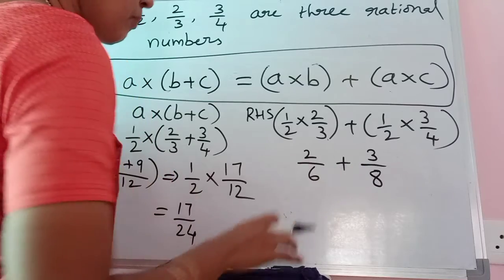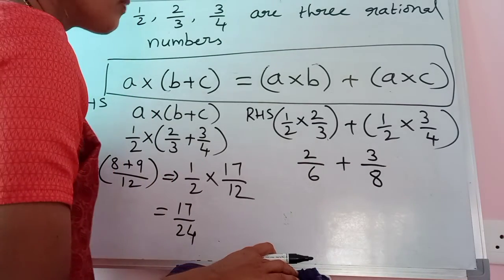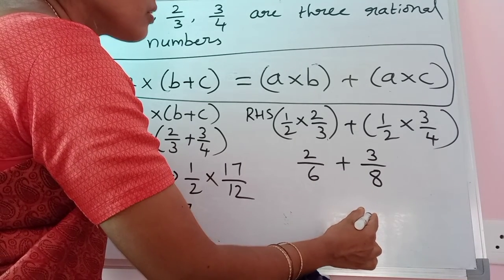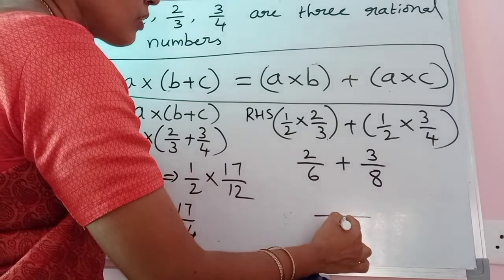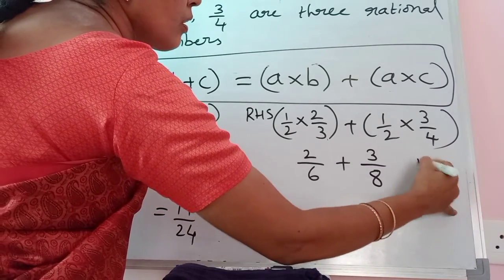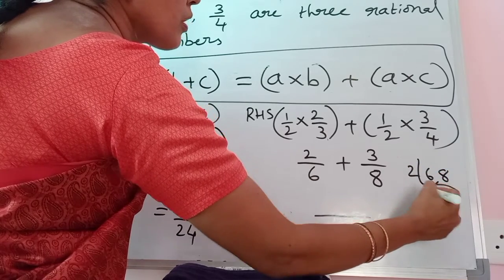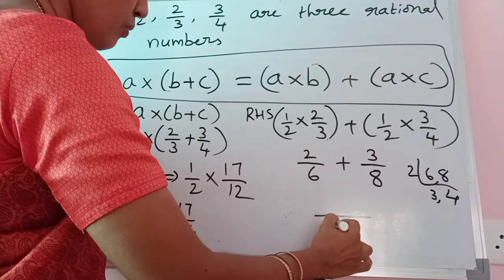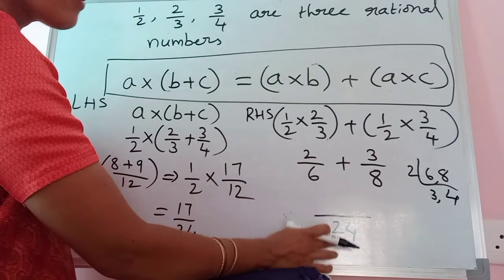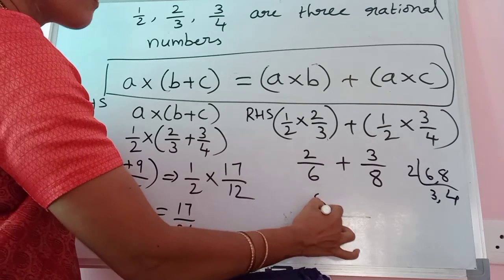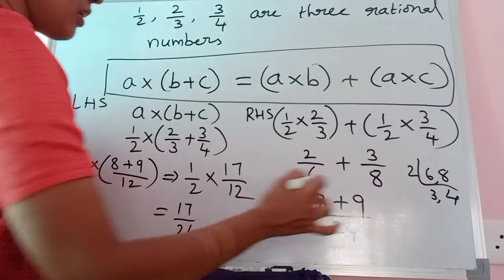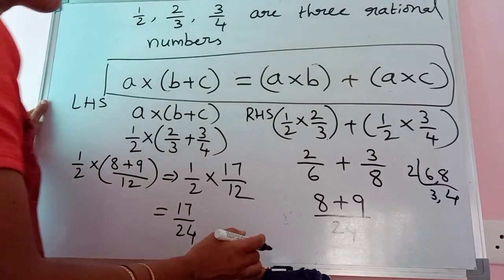Now 2 by 6 and 3 by 8 we have to add. 2 by 6 is nothing but 1 by 3, else leave it like that. 6 and 8, the LCM will be 24. 6 4 times gives 24, 2 4 times gives 8. 8 3 times 24, 3 3 times 9. 8 plus 9 by 24.